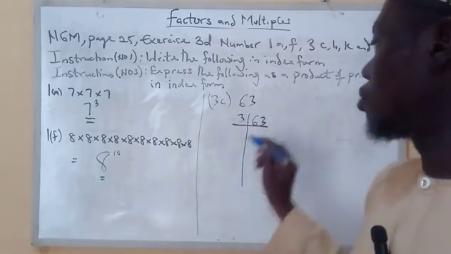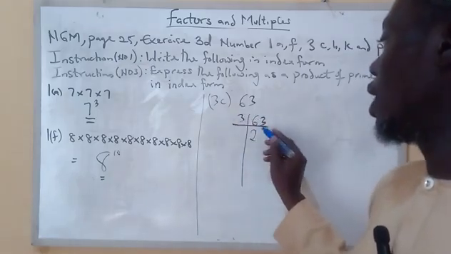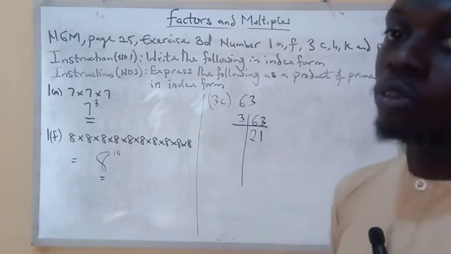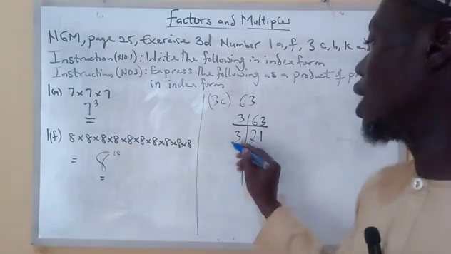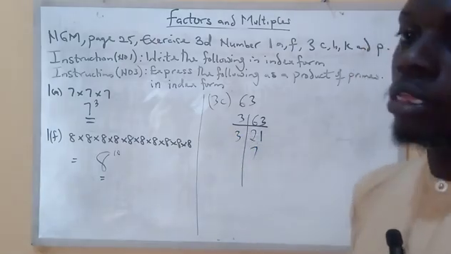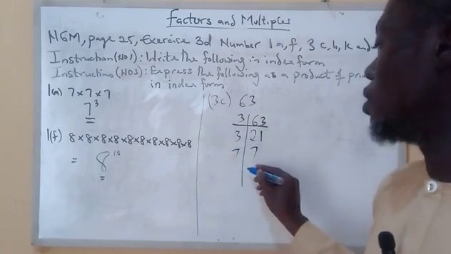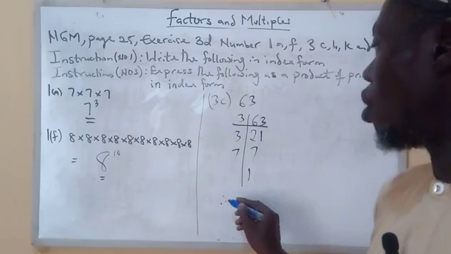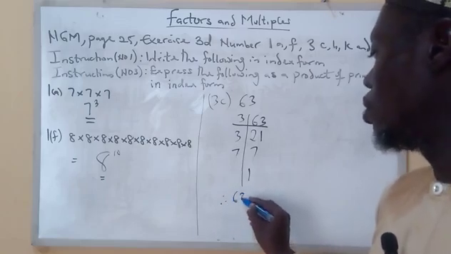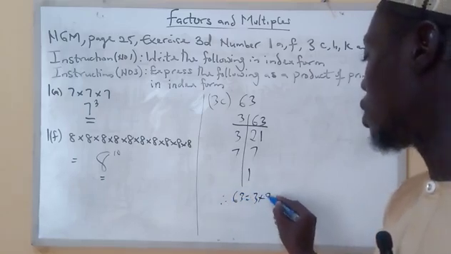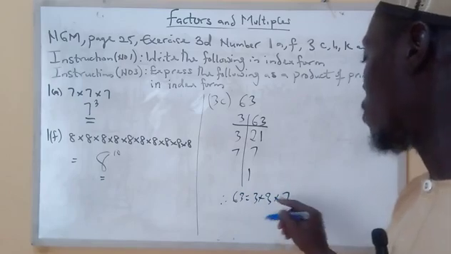3 in 6, that gives us 2. 3 in 3, that gives us 1. Can we still use 3? Yes, of course we can. 3 in 21, we have 7. We can't use 3 again. So we definitely use 7. 7 in 7, 1. And therefore, here 63 will then be 3 times 3 times 7.